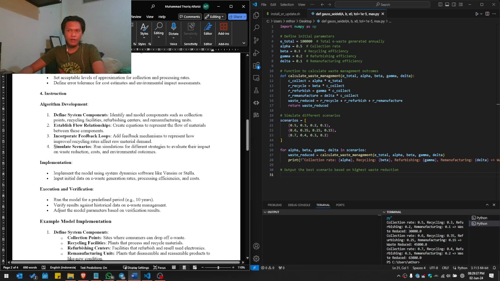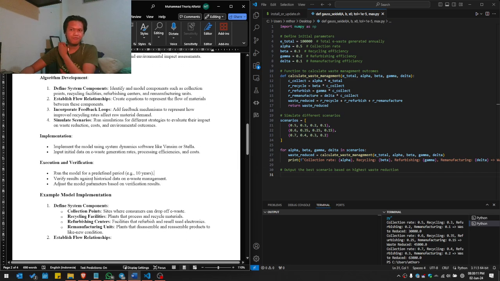And the fourth one is simulate scenarios, which is to run simulations for different strategies to evaluate their impact on waste reduction, cost, and environmental outcomes. And we have our implementation, which is to implement the model using system dynamics software like Vensim or Stella, or in this case, code in Python, and to input initial data on e-waste generation rates, processing efficiencies, and cost.